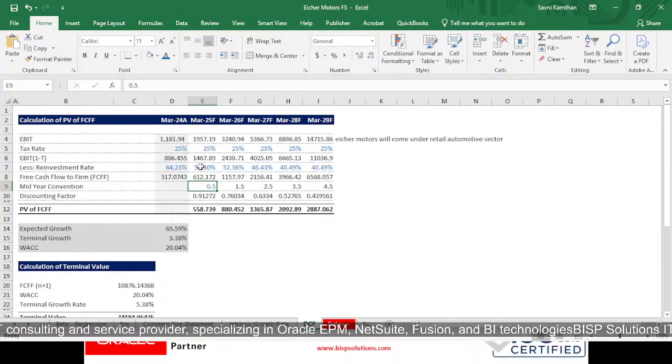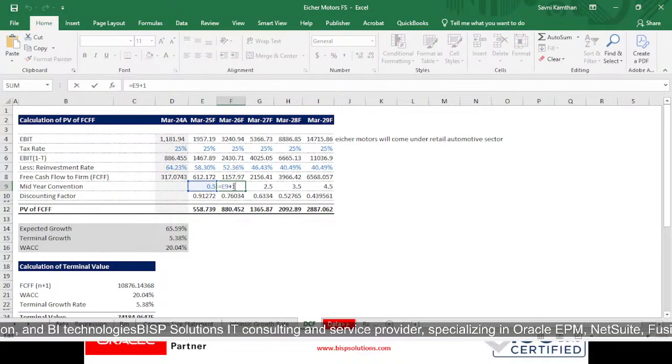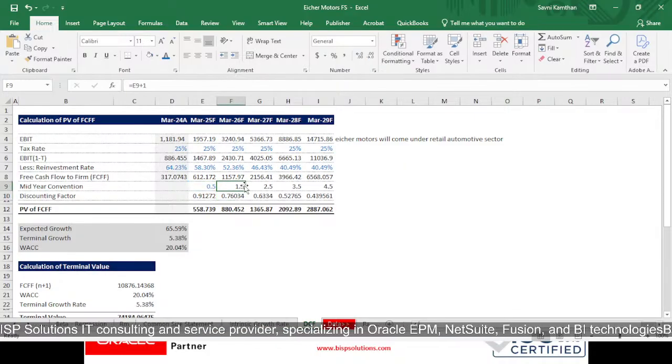Now coming to our mid-year convention. In the mid-year convention, we are not doing a full year's calculation, we are taking 0.5, which is mid-year, right? So for that, we will be doing plus 1 in our 0.5 mid-year convention and dragged it till the end, right?